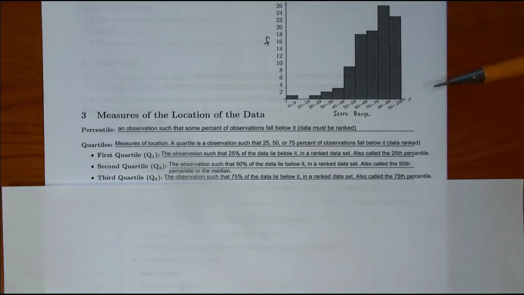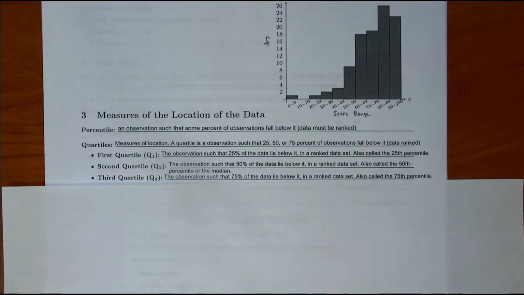Very important to understand, these are test scores. Or, these are scores. These are observations. So, like, if you scored a 75 on the test, and let's say the 75 was better than 30% of the rest of the scores, we would say that the score of a 75 is the 30th percentile.